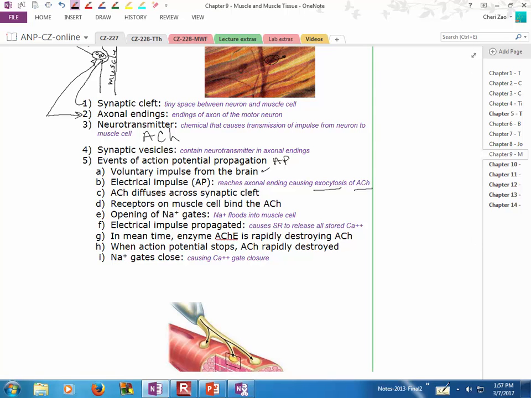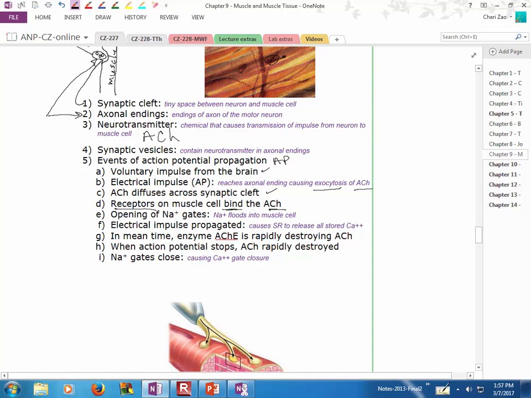The acetylcholine is going to diffuse across the synaptic cleft, goes from an area of high concentration to an area of low concentration, and there are receptors on that muscle cell across from the synaptic cleft area that are designed to bind acetylcholine.